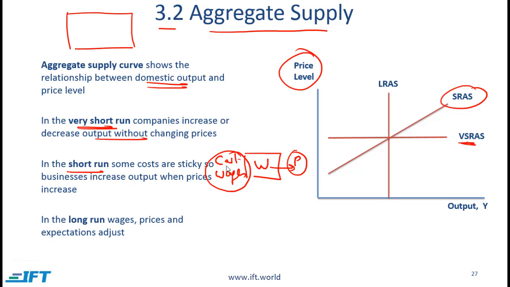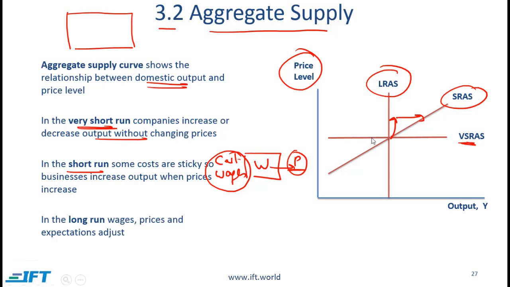If your cost structure is roughly the same, but the price of the product that you sell is higher, that's a good sign. So if the price goes up, then the quantity that you supply will increase. And you can think of this concept as applying across all firms in a given economy, and you see why the short-run aggregate supply curve is shaped like this.